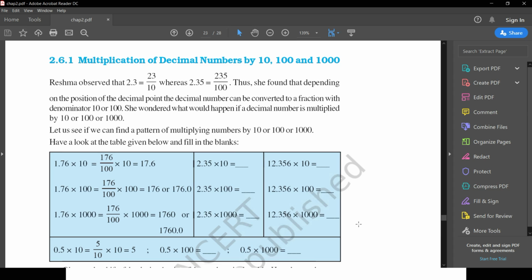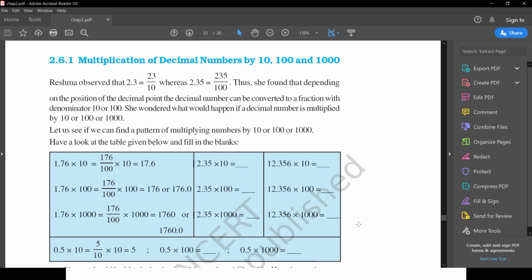You can also observe what is happening when we multiply any decimal by 10, by 100 and by 1000. You can see one table. 1.76: if we multiply by 10, the result will be 176 by 100 into 10, that is 17.6.